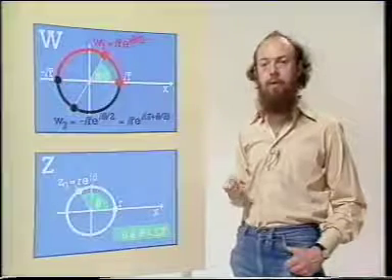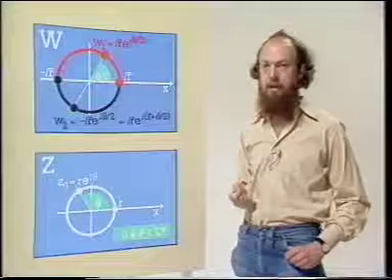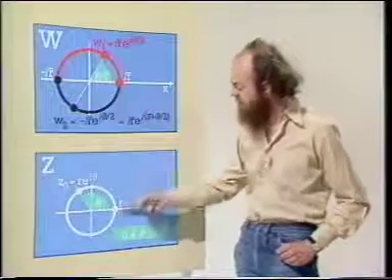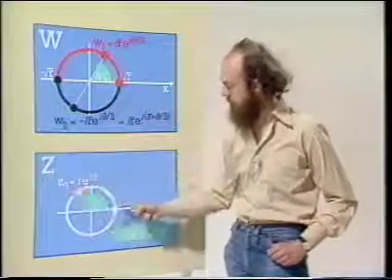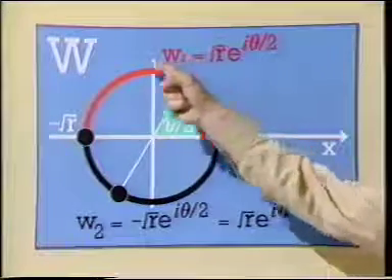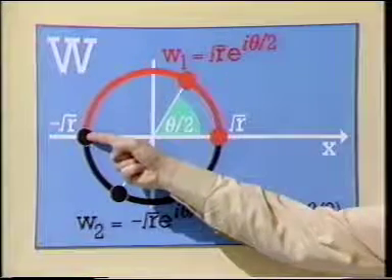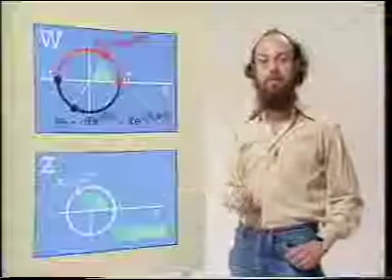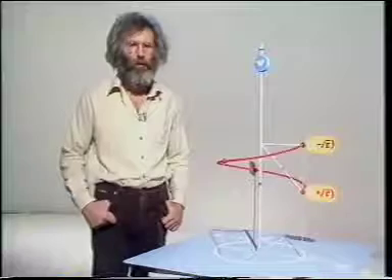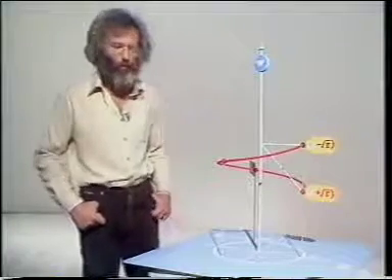To see how we draw the locus above the z circle, let's look first at these red roots. As z traces out its circle, w1 goes continuously from plus root r round here to minus root r. So it starts at one square root of r and finishes up at the other root. We draw the locus for those roots like this.